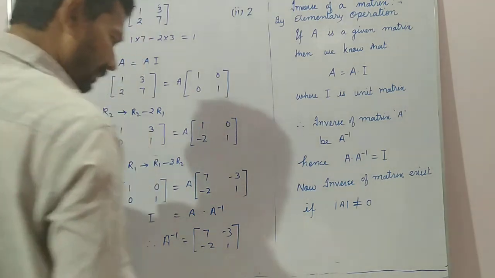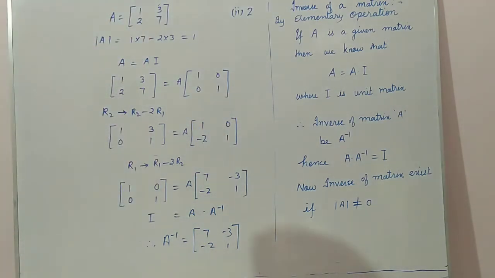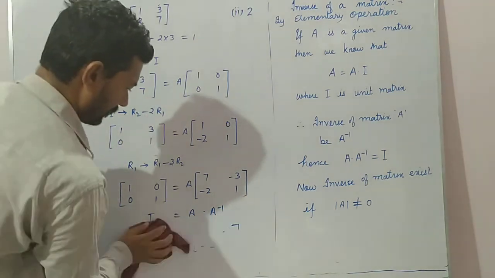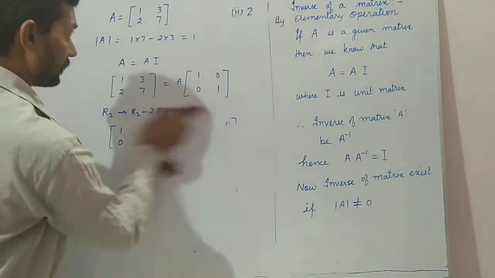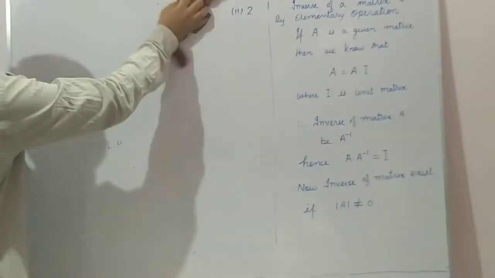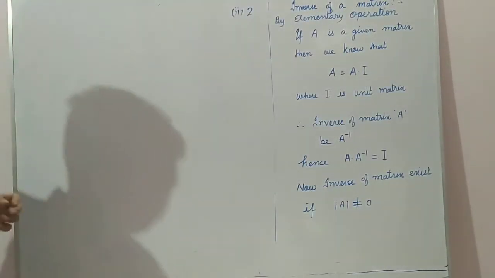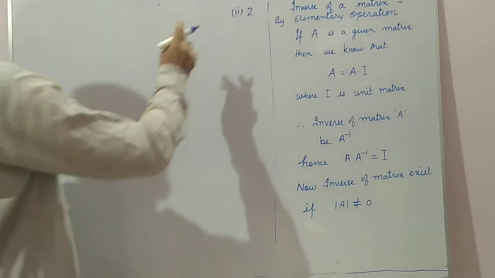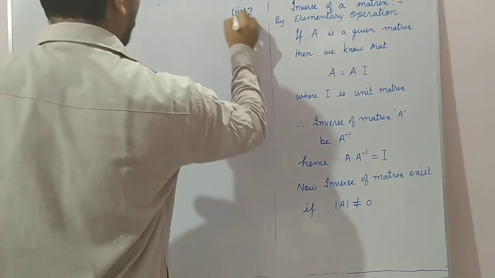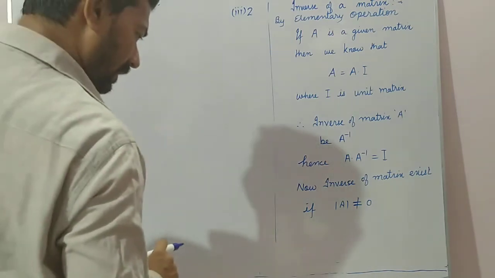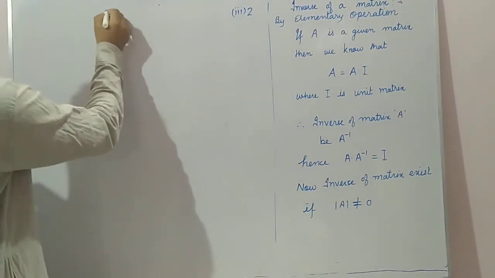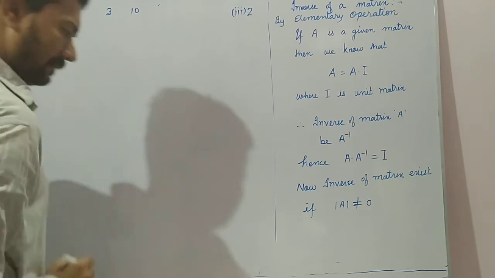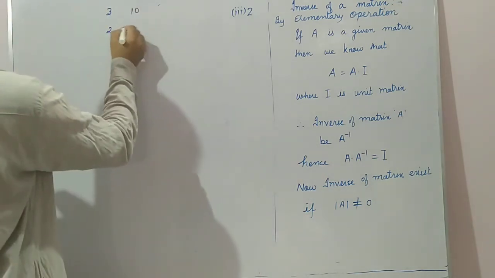Next we'll come to question number 3. In number 3 you see, what is given here? 310, 2 7.